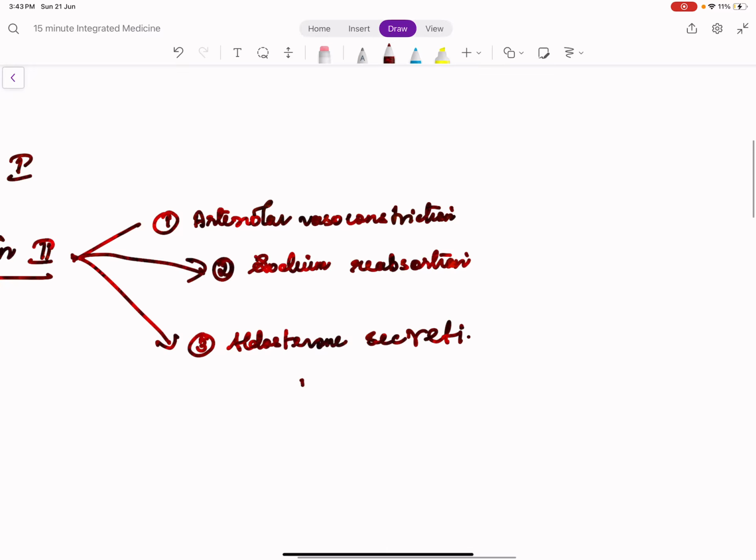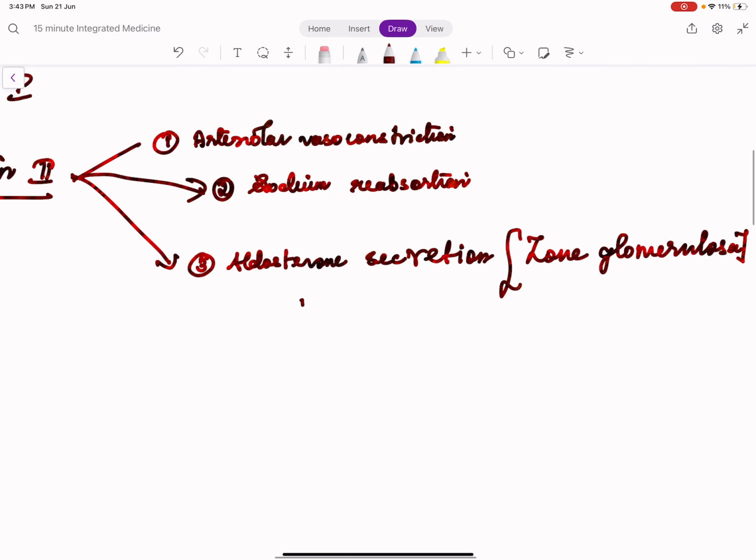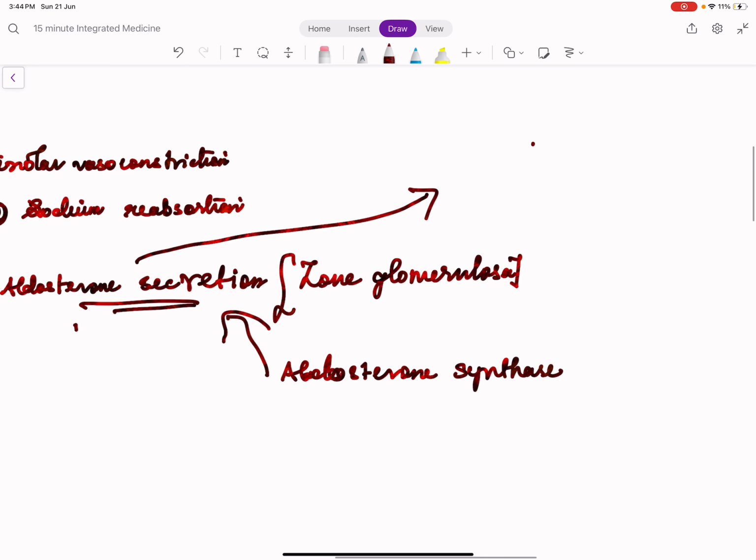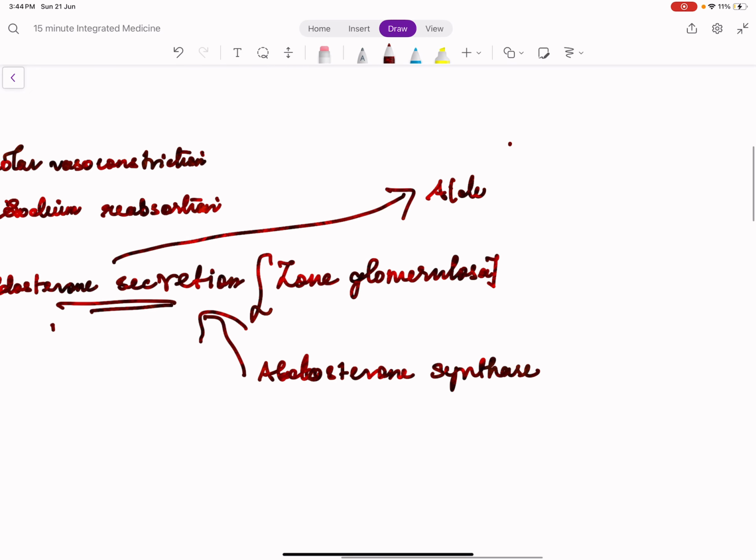Aldosterone is a hormone which is produced by the adrenal gland, specifically the zona glomerulosa of the adrenal glands. It is produced by an enzyme called aldosterone synthase. What does this aldosterone do? It acts on the aldosterone receptor in the collecting duct of the kidney.